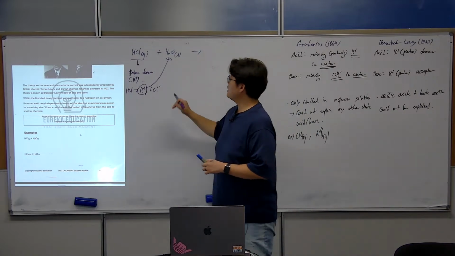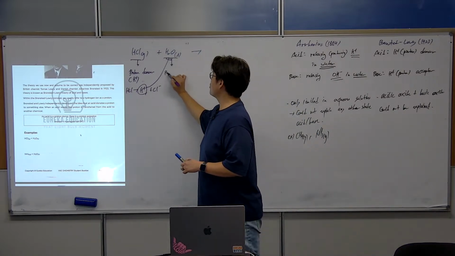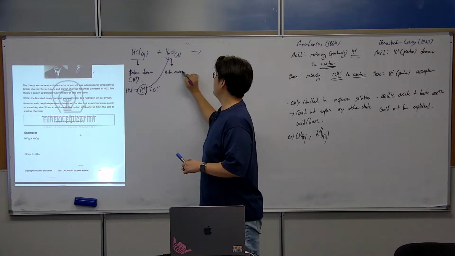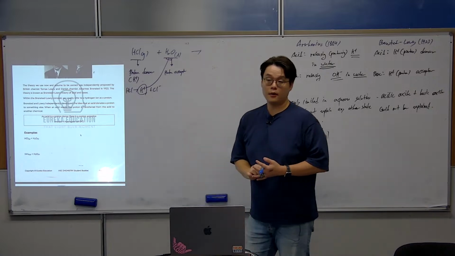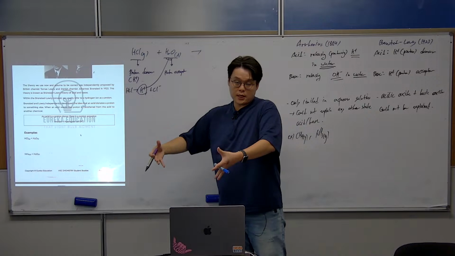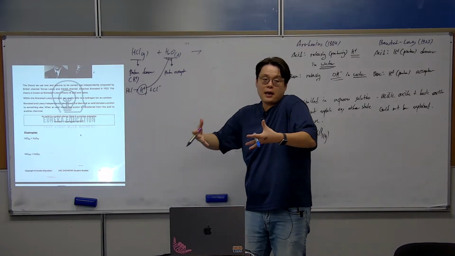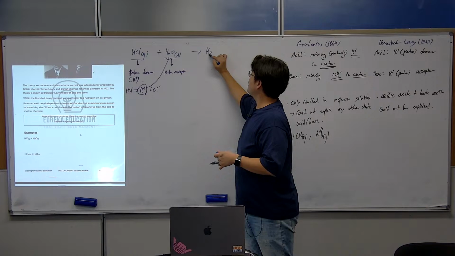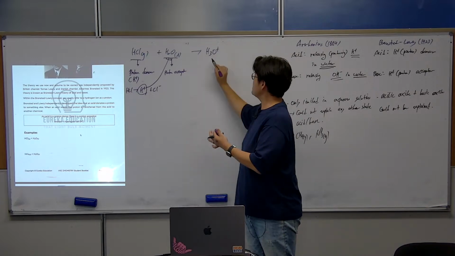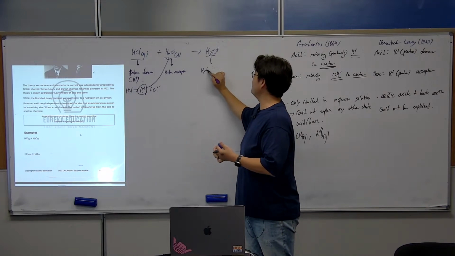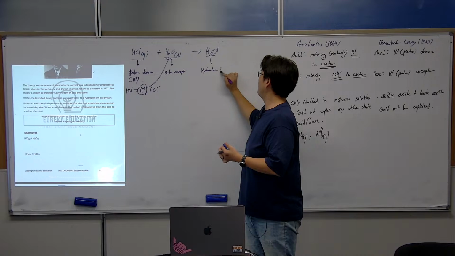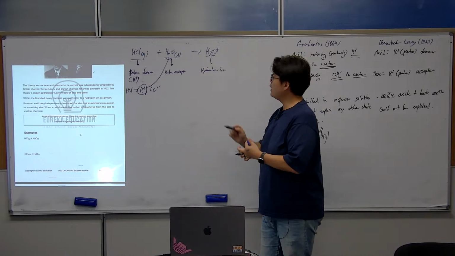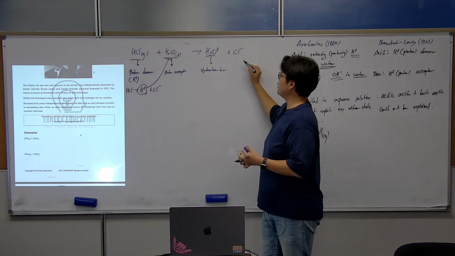That means the water is working as a proton acceptor. As water, H2O, accepts the hydrogen ion, it becomes H3O plus. Again, this is known as the hydronium ion, leaving the chloride ion itself.